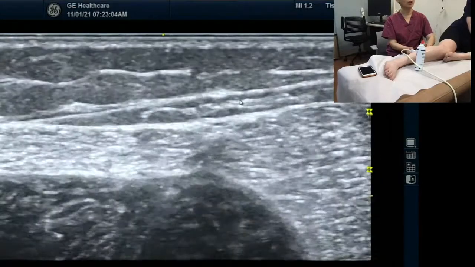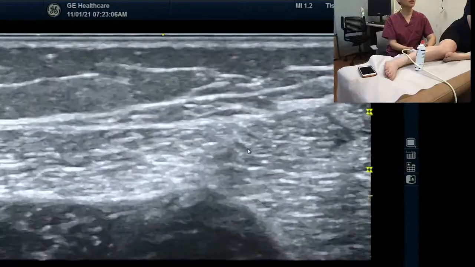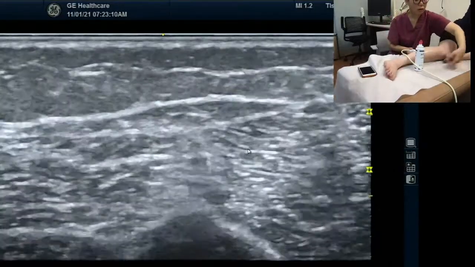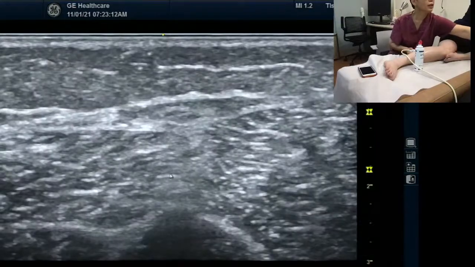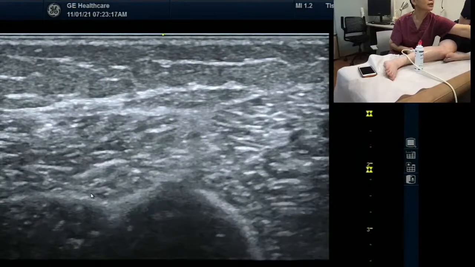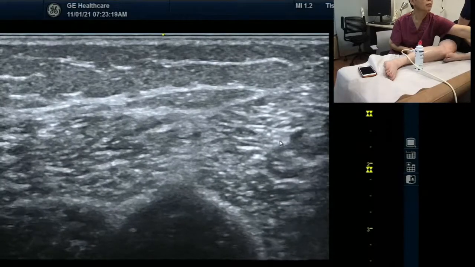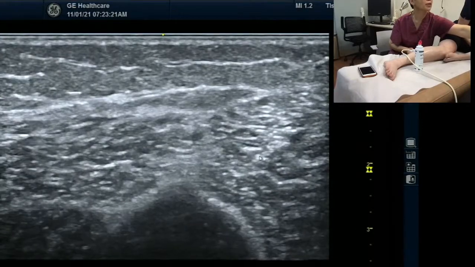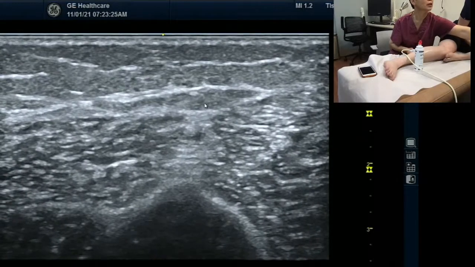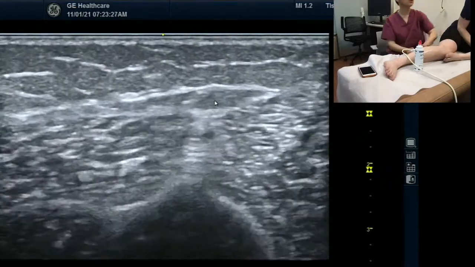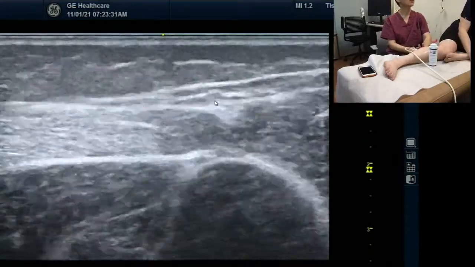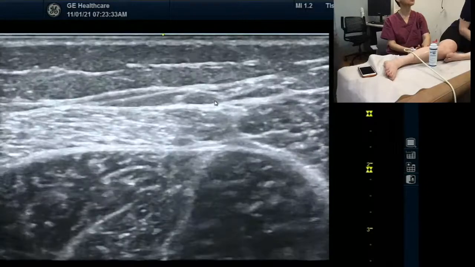In my lecture, when the two gastroc heads meet in the middle, we have the sural nerve and small saphenous vein going through. So now we can see more depth. This is the lateral gastroc. This is the medial gastroc. So for now, I'm going to go back to the sural nerve.